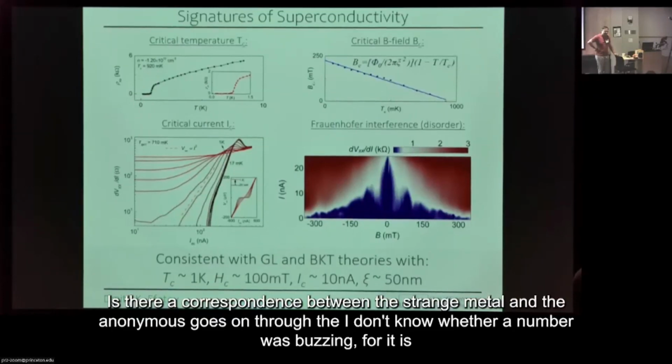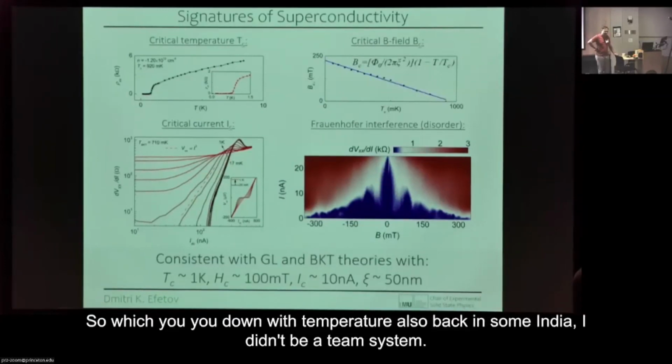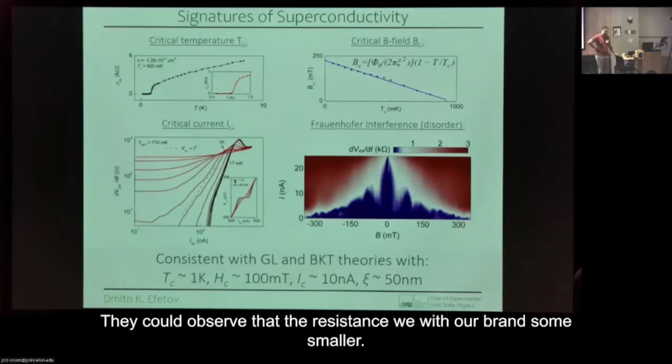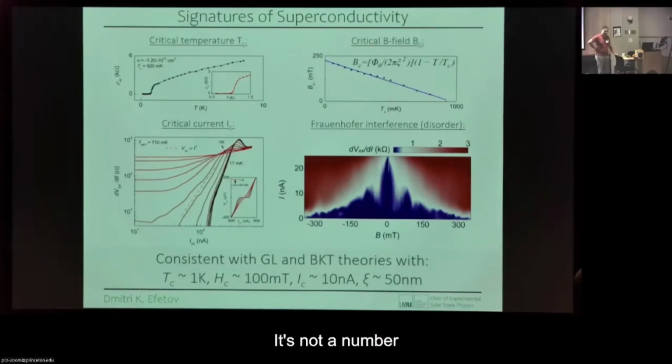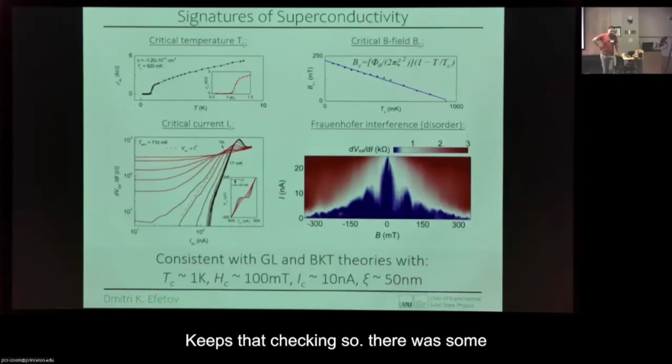Possibly, like in some indium tin systems, they can observe that with a small applied magnetic field, the resistance will saturate at some number but not drop to zero. It's saturated, maybe starting from 1 Kelvin, and keeps saturating down to millikelvin. There was some theoretical proposal saying that this might be a bosonic metal. So the experimental observation would just be a saturation of resistance. Basically Cooper pairs are formed but are not coherent somehow.